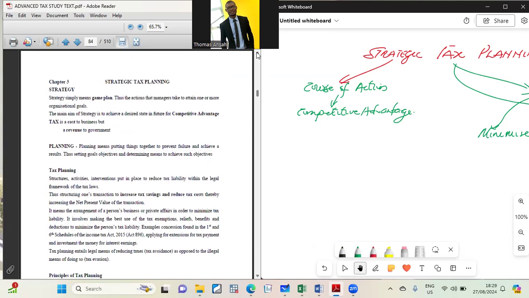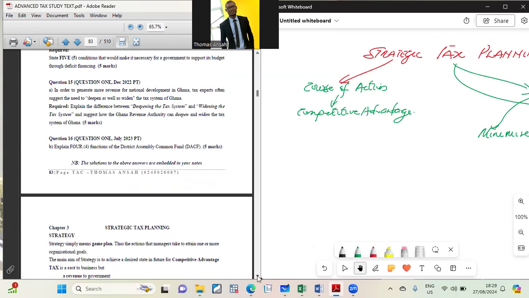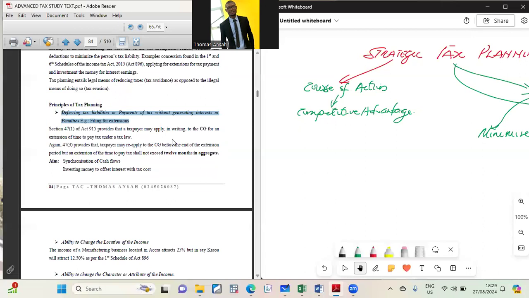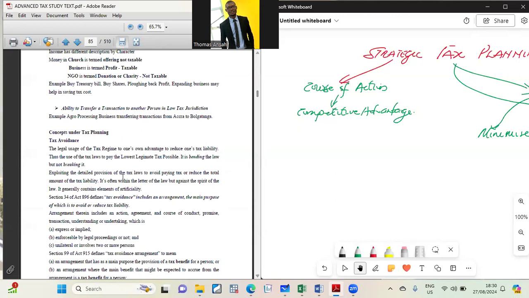Now, after this, we will talk about some concepts because there are some concepts we need to understand, like what is tax planning, what is tax evasion, what is aggressive tax planning. We will come back and deal with the concept.